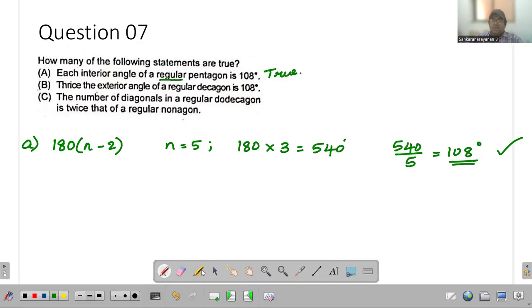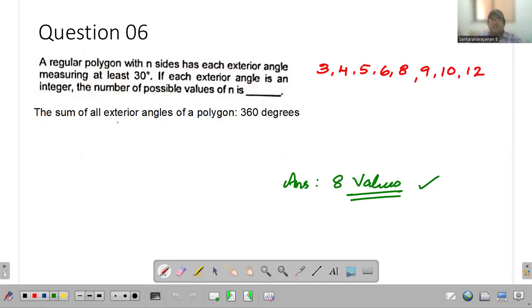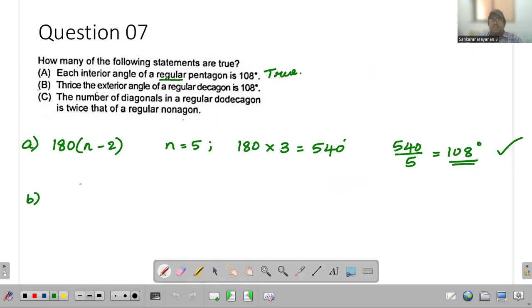Got it? Now let us look at the second point. Thrice the exterior angle of a regular decagon is 108 degrees. Okay, so for any polygon, like we saw, the sum of all the exterior angles is 360 degrees.